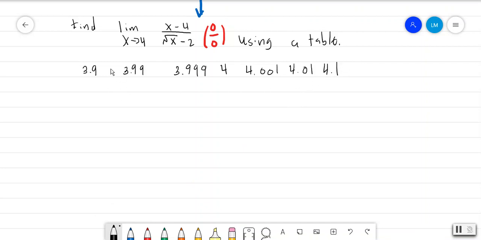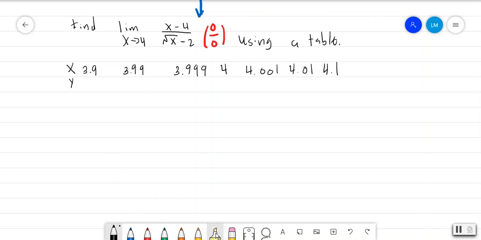Okay, so basically we're just trying to plug these values in. You can think of this as your x, and this as your y. All we need to do is plug these values into this expression.